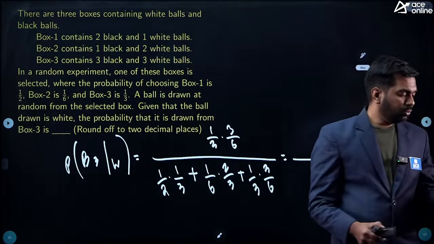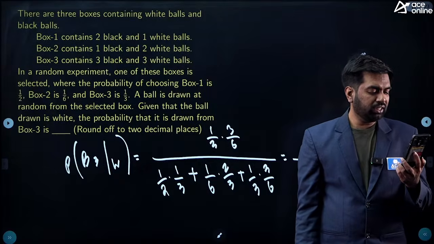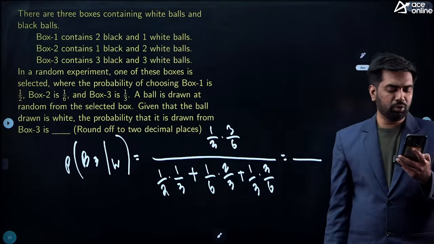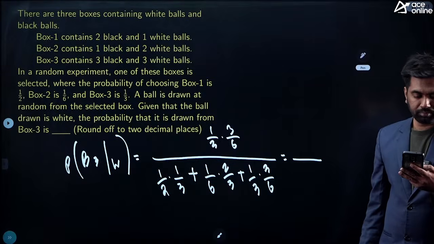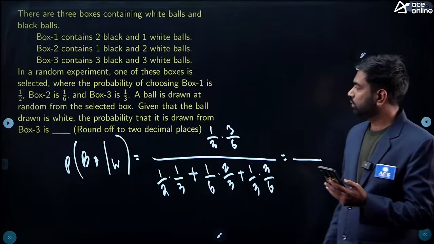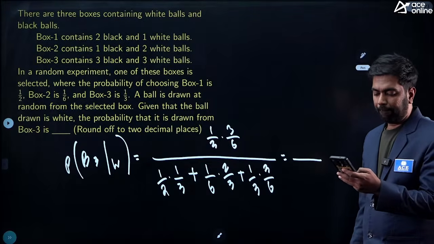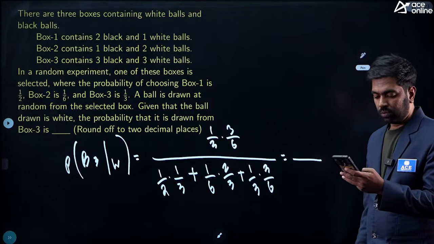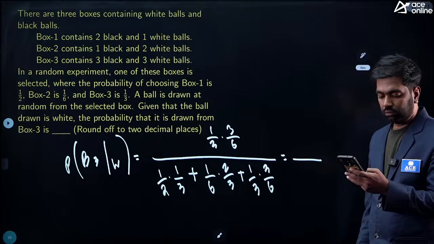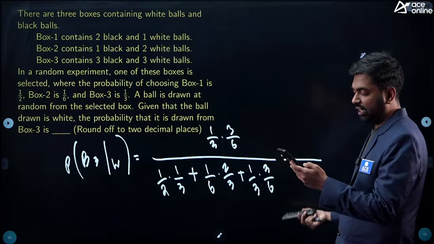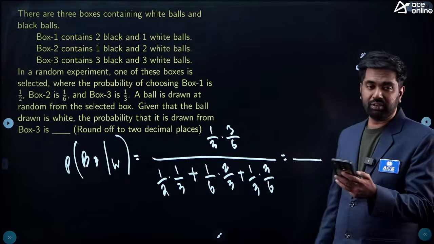So Ramu says it is 0.375. Shiva says it is 0.37. Okay. Kuruva says 0.37. There are many students who are hitting the same answer, that is 0.37.